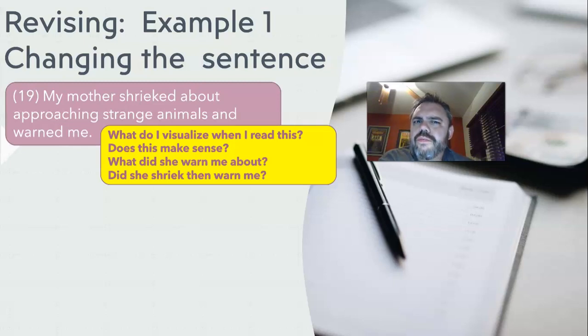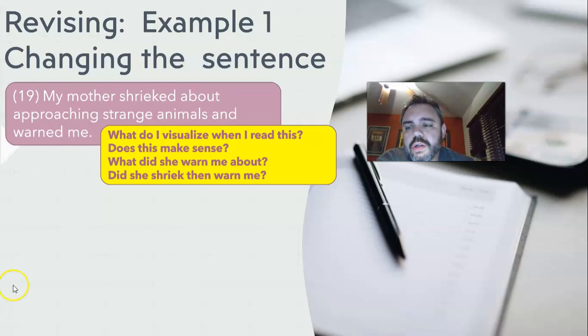That sounds real ridiculous. And if you know anybody that does it, they're one in a million. Did she shriek then warn me? That might seem a little bit more likely because a shriek is just that sound we make. So she probably shrieked then warned me. And then what did she warn me about?